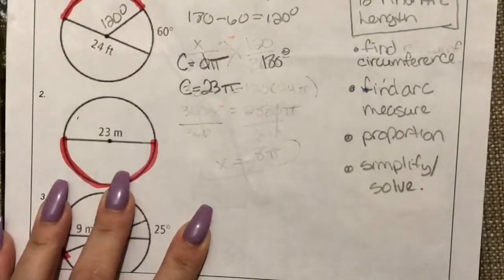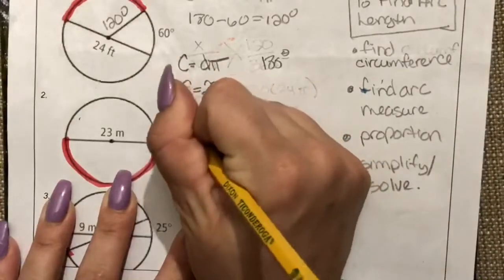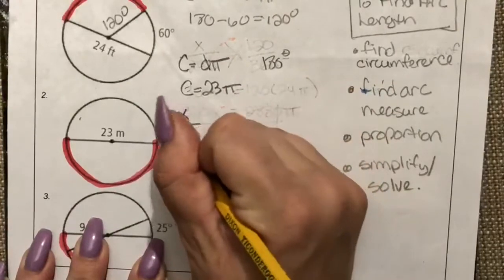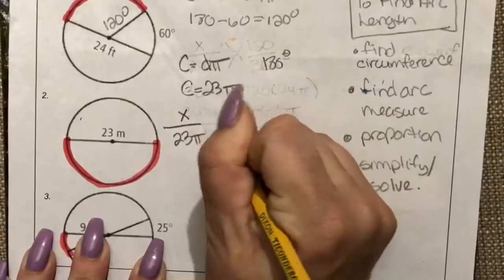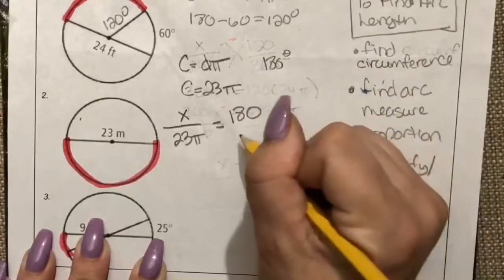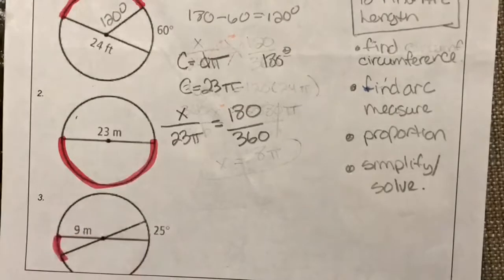From there, I want to set up my proportion, where I'm looking for arc length, so that's going to be my x over my whole circumference, which is 23 pi, equal to the portion of my arc measure over the total. Now again, once you're here, you're just going to set up your proportion and you're going to solve.